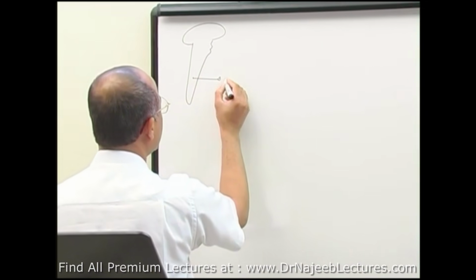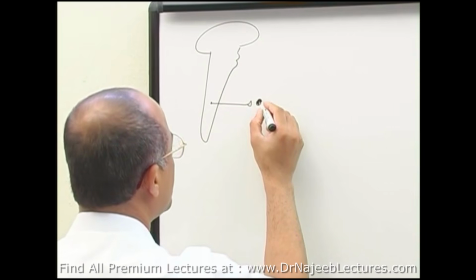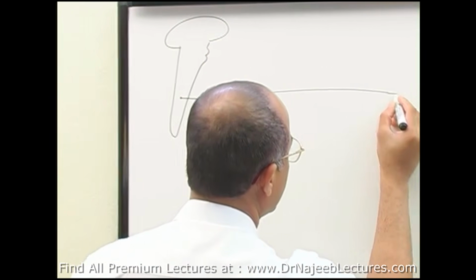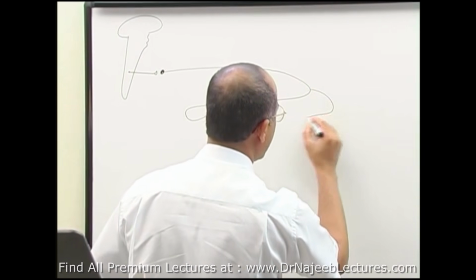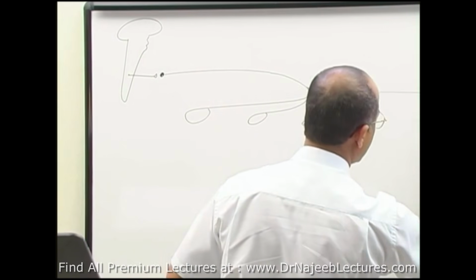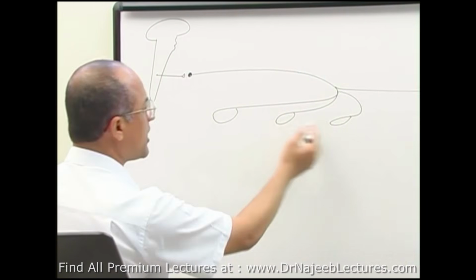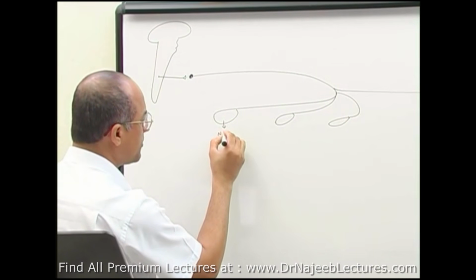A preganglionic neuron and then a postganglionic neuron, releasing norepinephrine here and here, here and here. Let's suppose these are the nerve endings, and from here it is releasing norepinephrine.